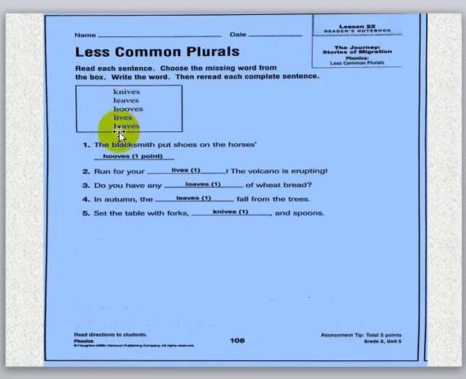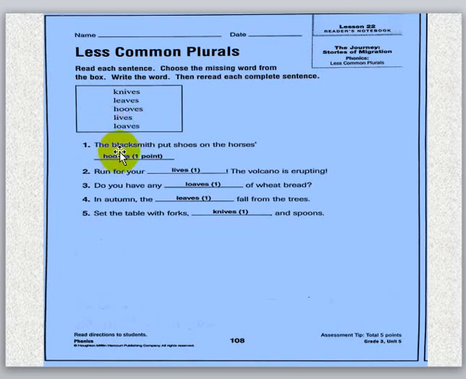Like leaf and loaf, knife, leaf, hoof, life, loaf. I will read the singular again. If there is a mistake, forgive me please. Knife, knives, leaf, leaves, hoof, hoofs, life, lives, loaf, loaves. We change all FE or F into VES.